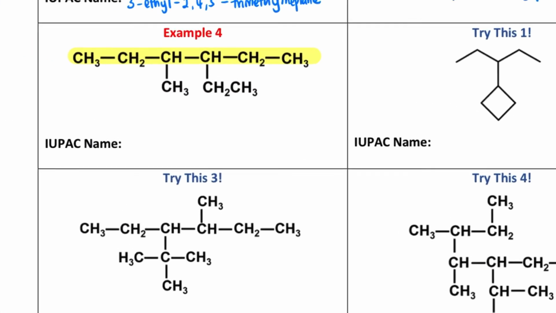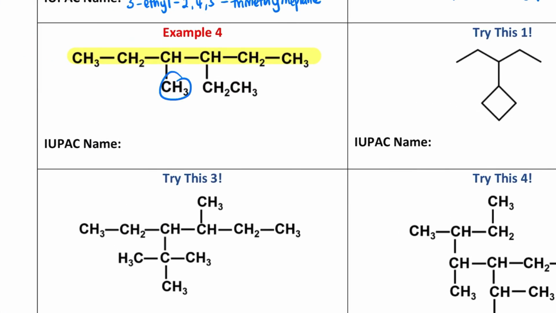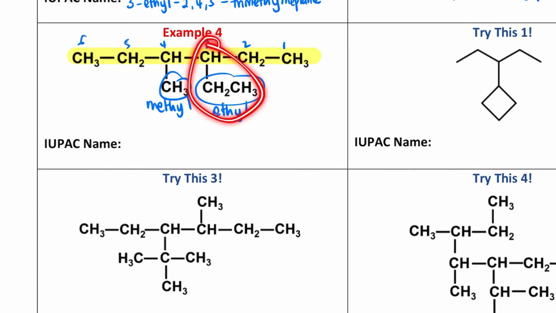Faham ke? So kiranya substituent kita sekarang ada methyl, ada ethyl. So M dengan E yang mana dulu? E lah kan? So kita lebih prefer untuk pilih yang substituent yang bagi ethyl ni yang number yang lebih rendah, which is start counting dari kanan.